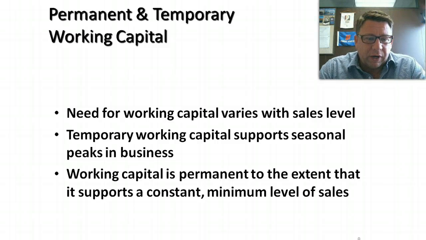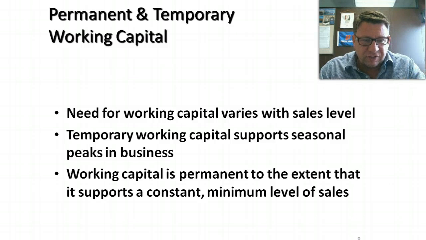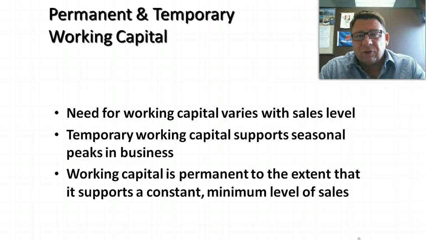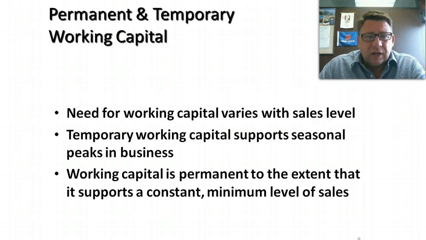Permanent and temporary working capital. We might have different working capital needs, which might vary with sales levels. For example, temporary working capital supports seasonal peaks in business. You can imagine that a company like Toys R Us has different inventory needs during the Christmas holiday season than it would during other times of the year.